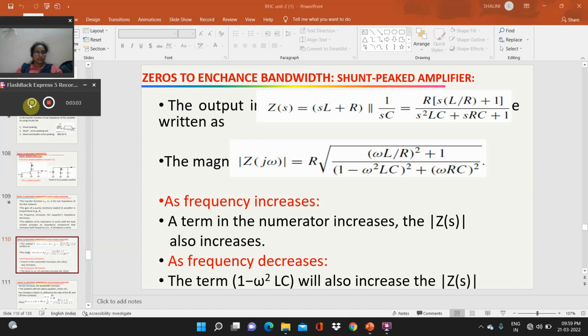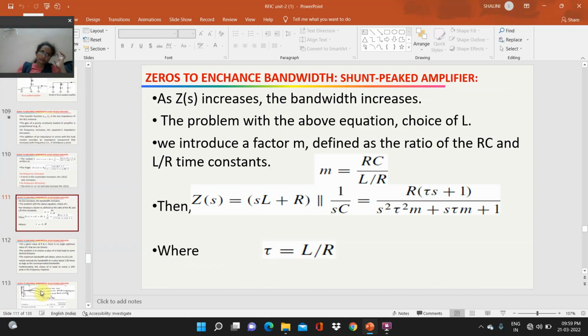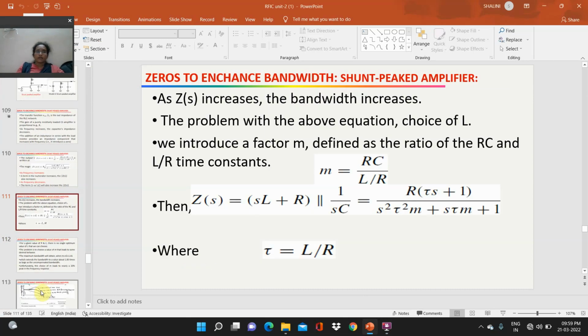As frequency decreases, the term 1 minus omega square LC will also increase Z of s. As Z of s increases, the bandwidth increases.